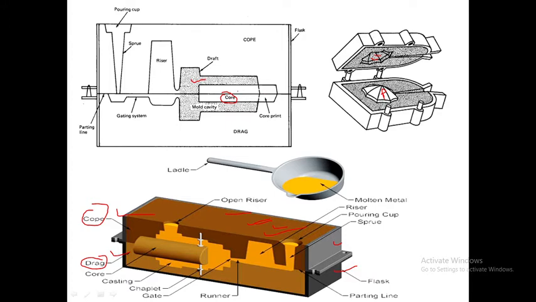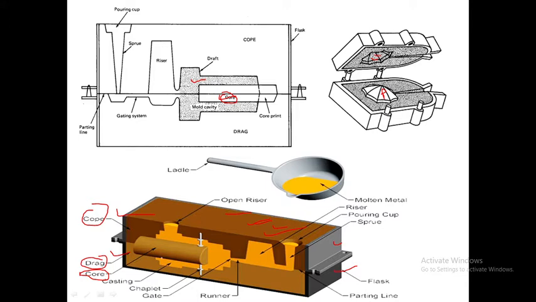If there are holes inside the casting part, at that time the core is used. Otherwise, the core cannot be used in a casting. If we want a hollow portion or some internal features inside the casting, at that time the core is used.